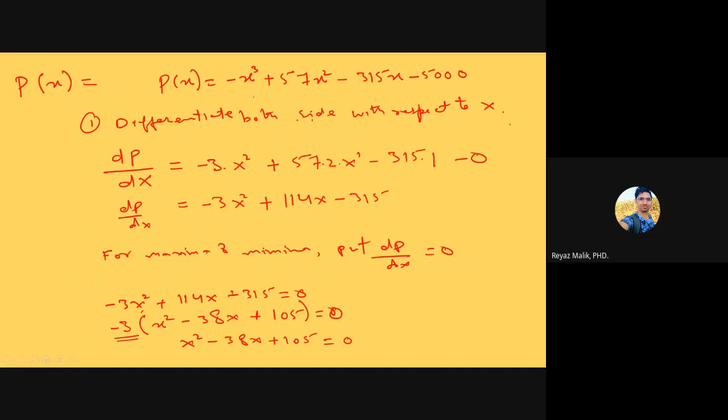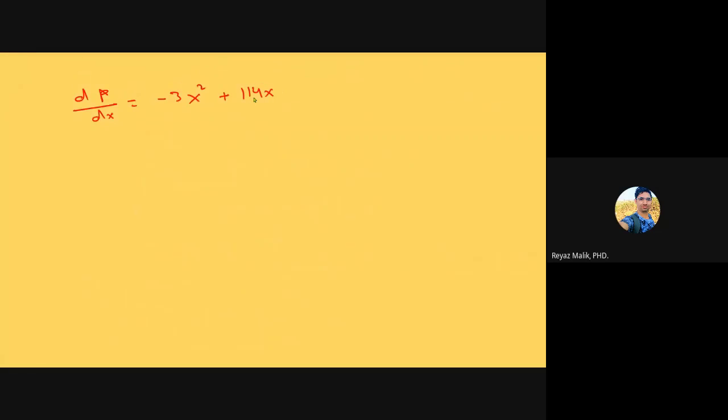dp by dx equals, what was that? Minus 3x square plus 114x minus 305.